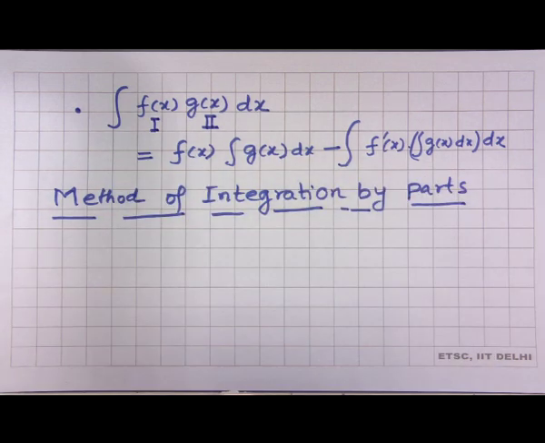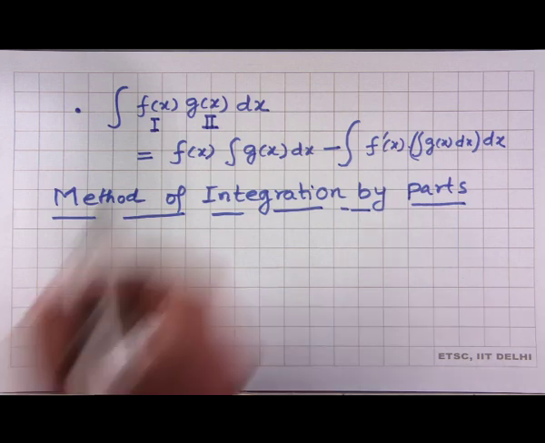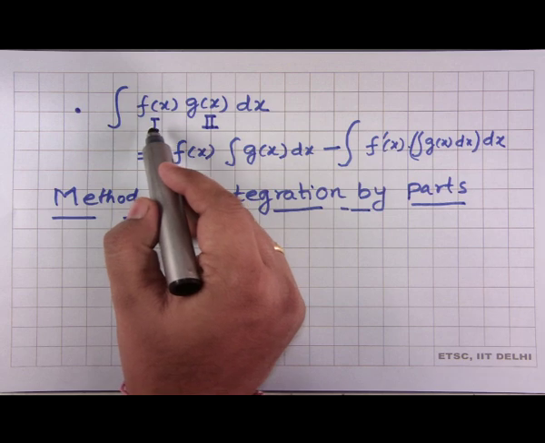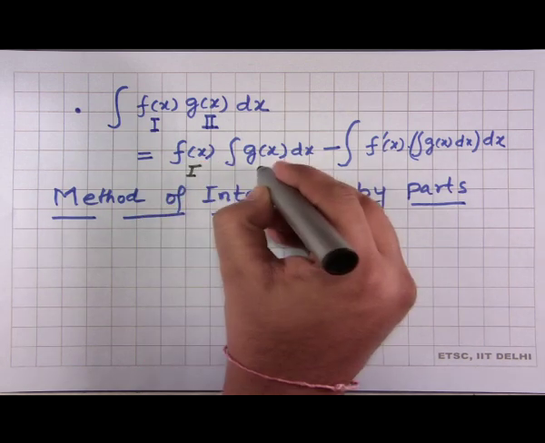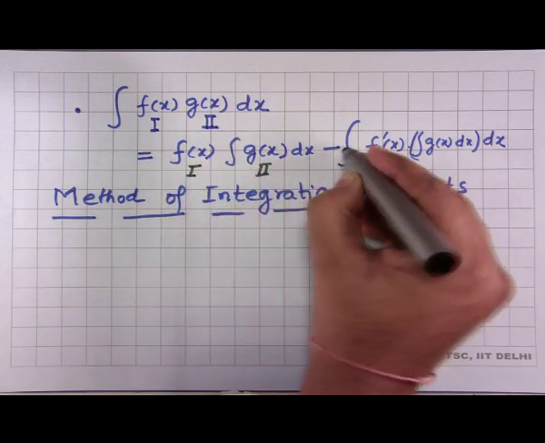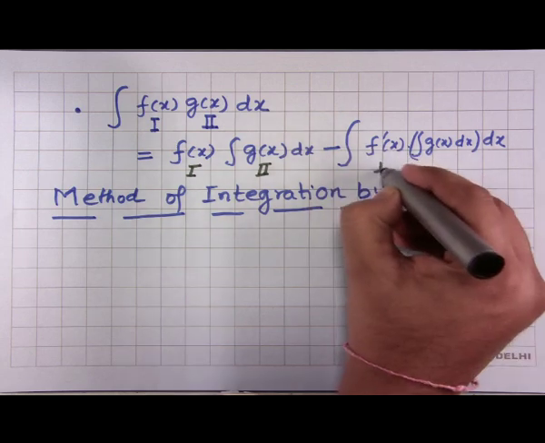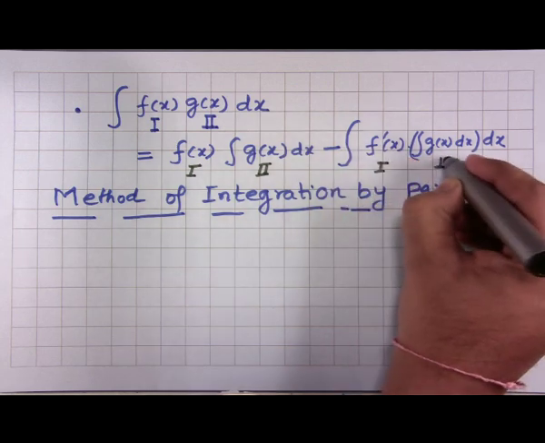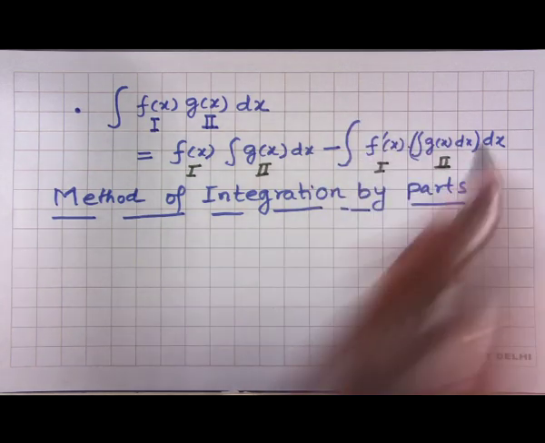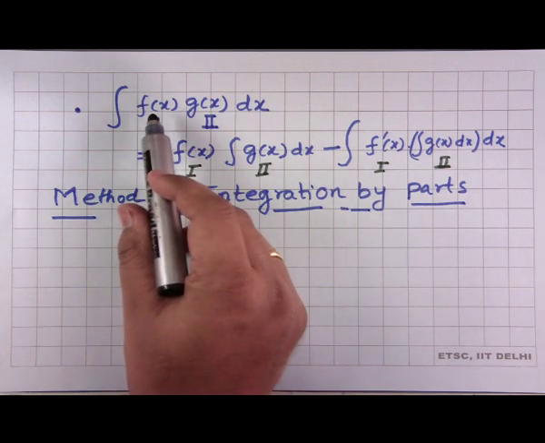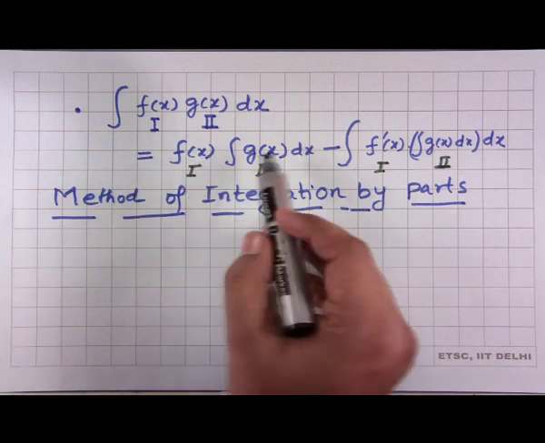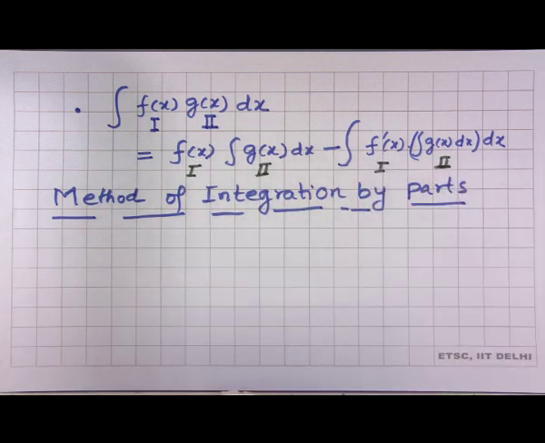What it says is that the integration of the product of two functions, which we will call first into second, is first function times integration of the second minus differentiation of first times integration of the second, and then whole integration. I will keep on referring to this formula in that manner.